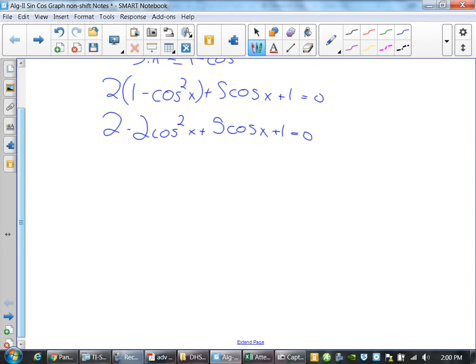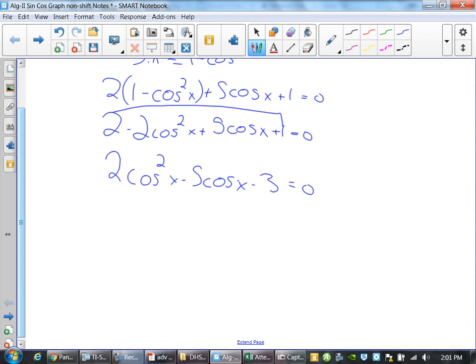Now I'm going to move everything from the left hand side to the right hand side because I want to factor with a positive leading coefficient. So I get positive 2 cosine squared x minus 5 cosine x. And when I added the 2 and the 1, I get positive 3, but when I move it, I get negative 3.